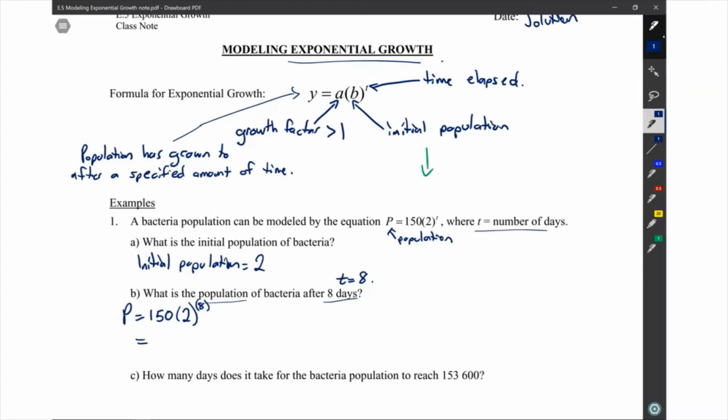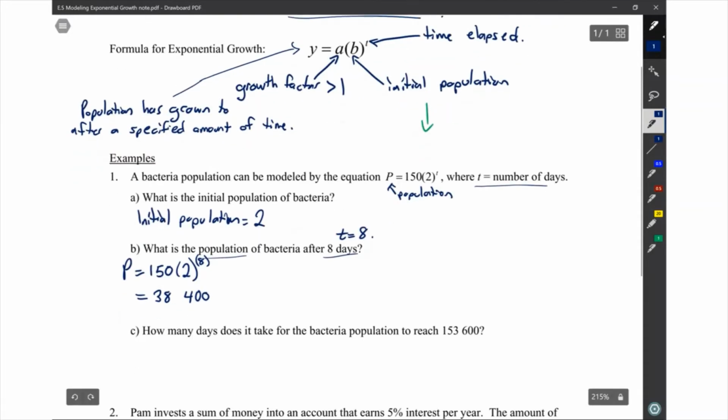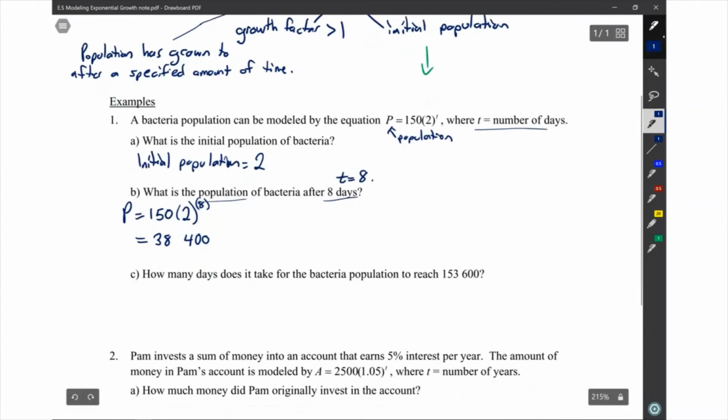That's 150 times 2 to the power of 8, and the answer I come out with is 38,400. That is a big number, but that doesn't mean it's wrong. Exponential functions increase very quickly. So this bacteria population began with a population of just 2, and it's become 38,000 after 8 days.